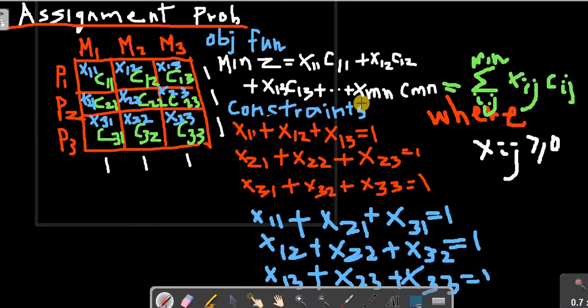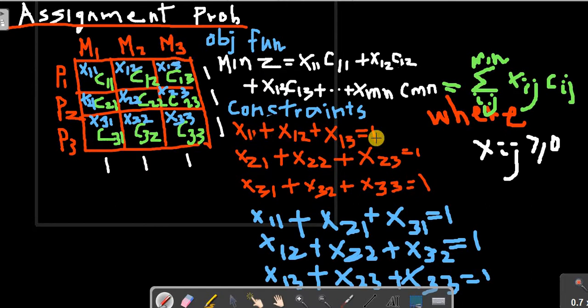Now what are the constraints here? Only one person can be assigned to only one machine. Therefore, X11, which may or may not be assigned, plus X12 plus X13 should be equal to 1. If it is assigned, it will be 1, otherwise it is 0. Suppose P1 is assigned to M1, then it is 1 plus 0 plus 0, so you get 1.